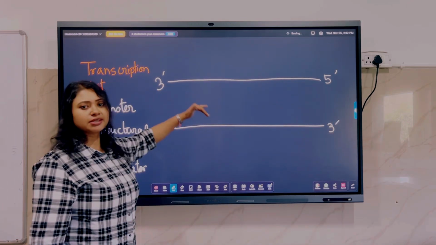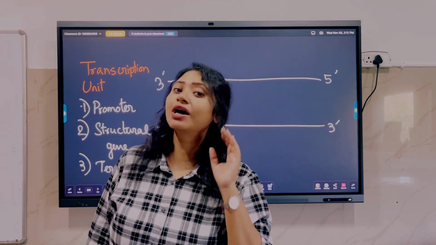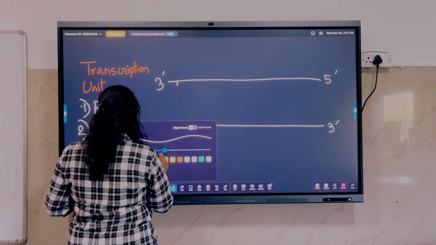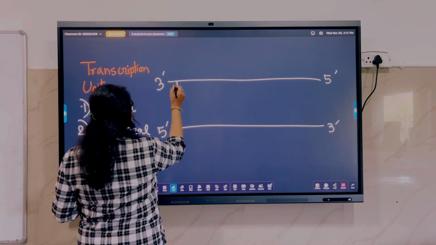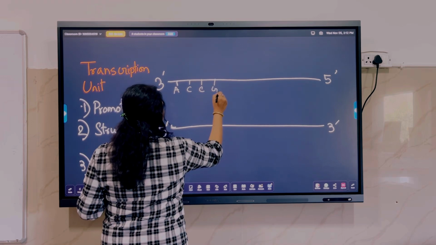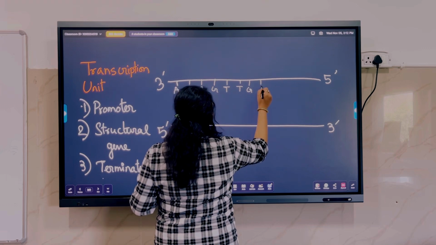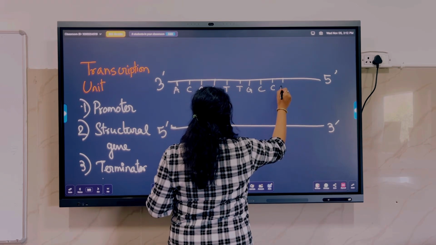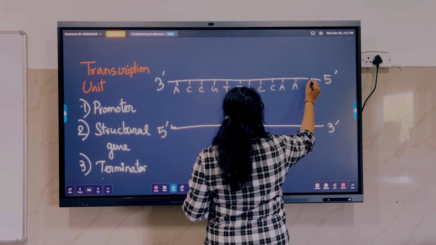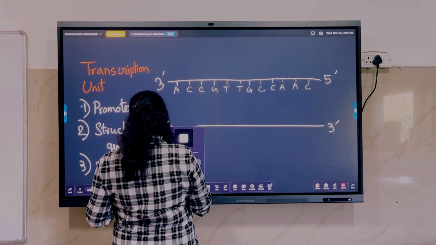Now let me draw some bases. The bases are negligible; you do not need to memorize them for your examination. You just need to understand this. So I am putting some bases here. Let me make it a little bit narrow so we can write more: A, C, C, G, T, T, G, C, C, A, C. Okay, let me change one only.